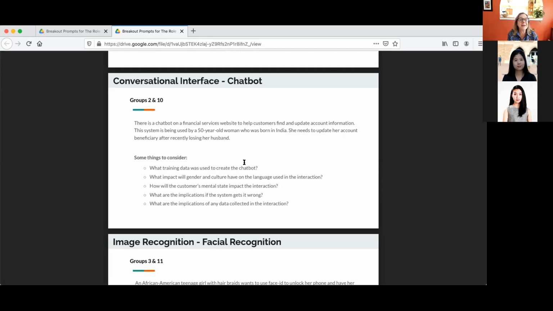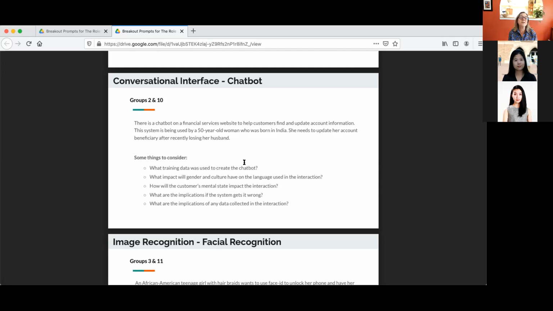I'm leaning towards the data set not being diverse enough. And it's possible this 50-year-old woman from India is having issues because the natural language processing isn't quite working for her.